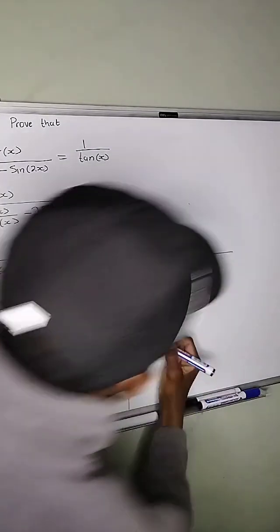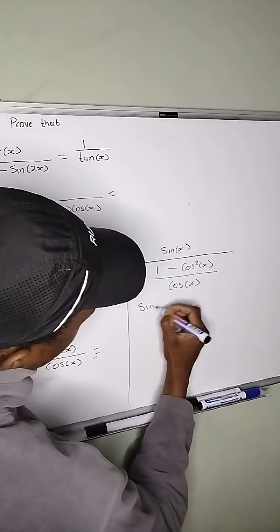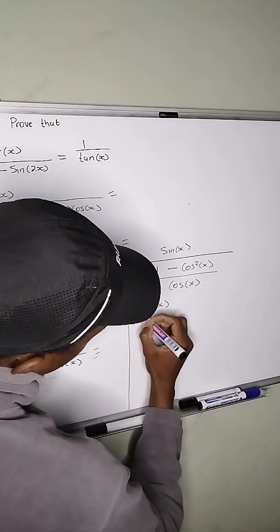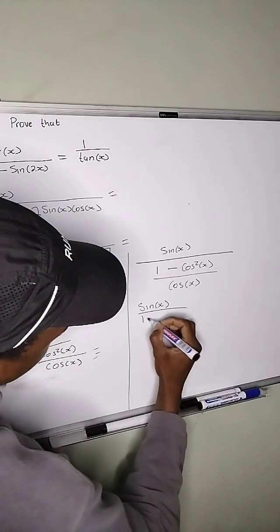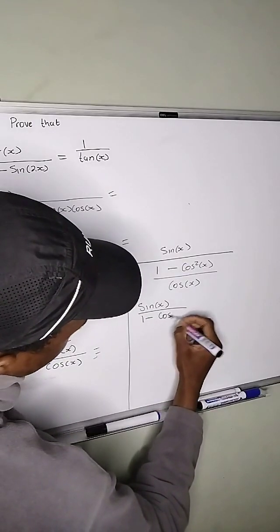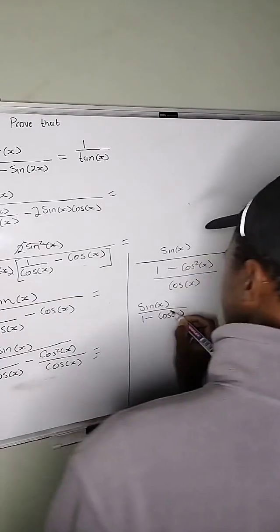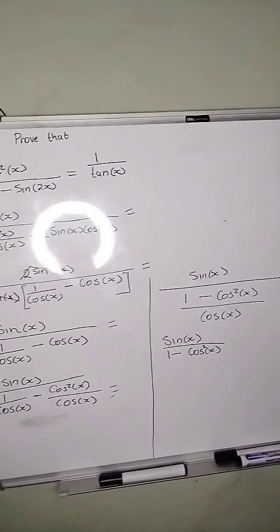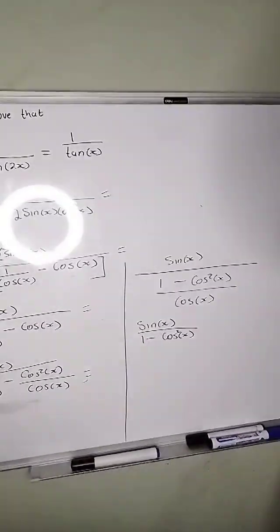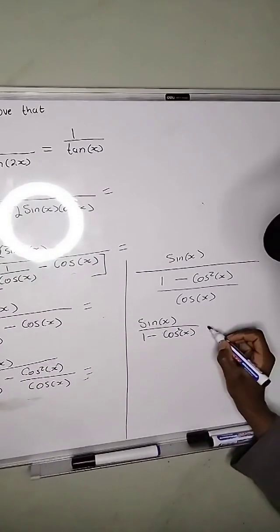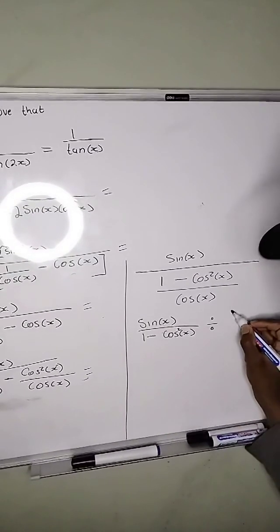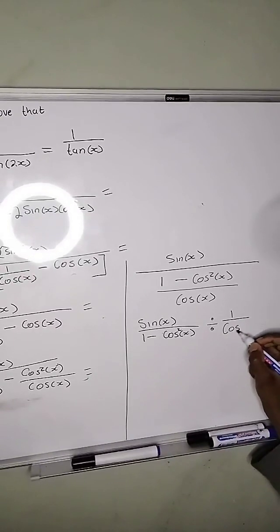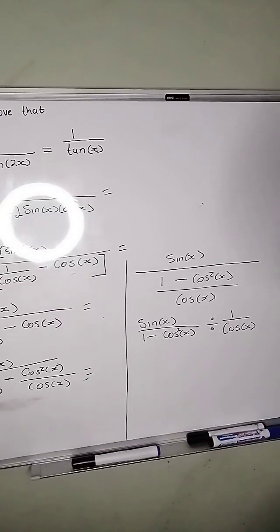I'm going to say sine x over 1 minus cos squared x, and this is going to be our cos squared x. Then divide 1 divided by cos x. Guys, are we clear?